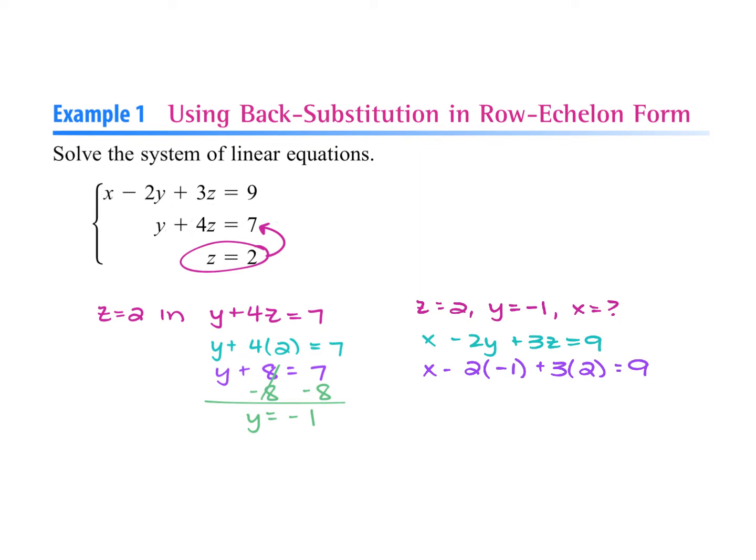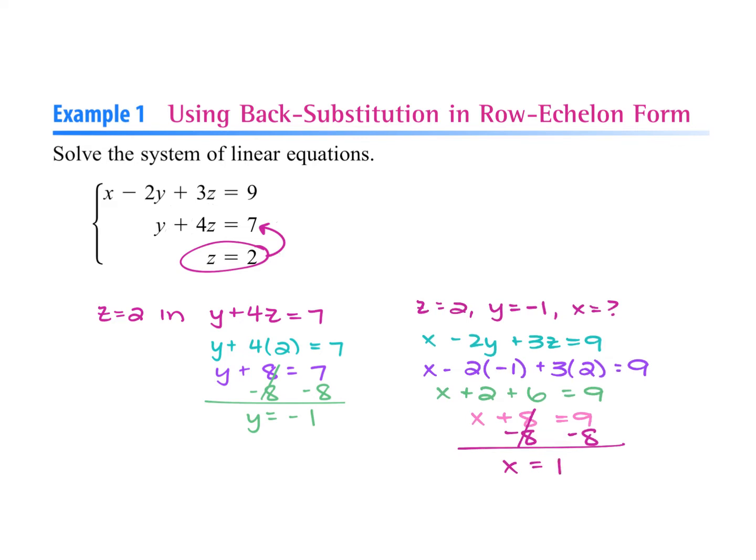The negative 2 times negative 1 is positive 2, so that's x plus 2. The 3 times 2 is 6, so 6 plus 2 is 8, and x plus 8 is equal to 9. We move the 8 over by subtracting it from both sides, and we have that x is 1.